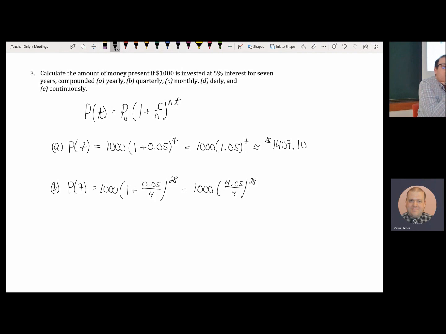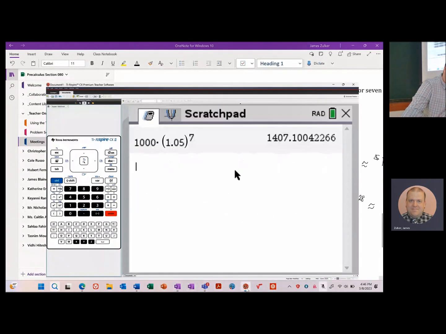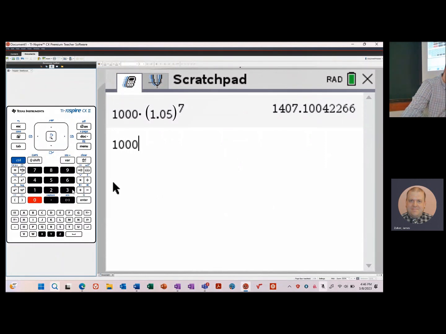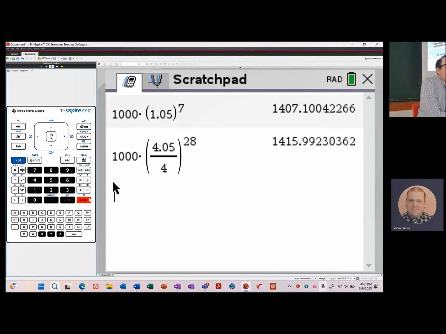T is 7, N is 4. 4 times 7. So $1,415.99.